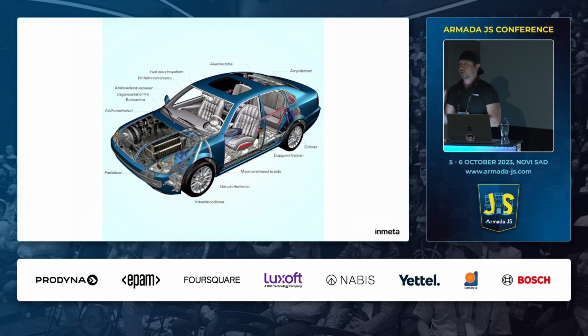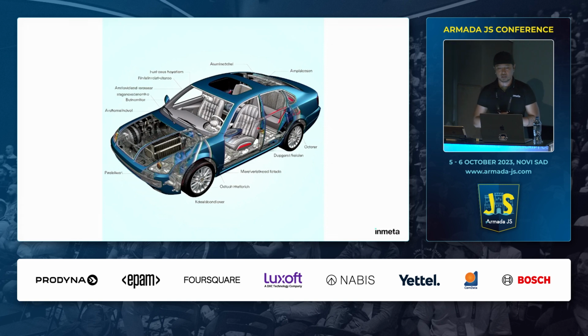So creating modules to build software or a car gives benefits like, number one, isolation. Isolation allows people to work individually on the car or the application without delaying someone.